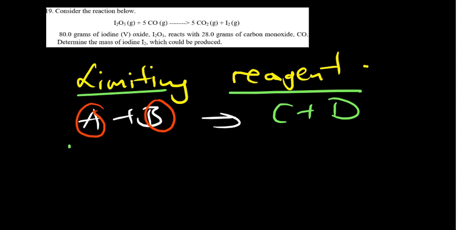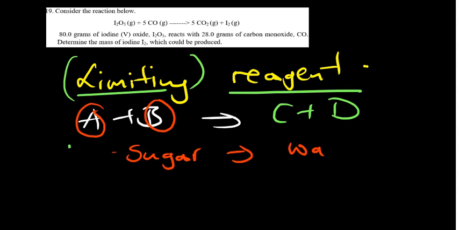The limiting reagent. I can give you a very good example. Let's say you're trying to make a sugar drink, you have sugar and you're trying to add it to water so that you come up with a solution. Let's say you just have 2 kilograms of sugar, and you have maybe a 10,000 liters container of water.